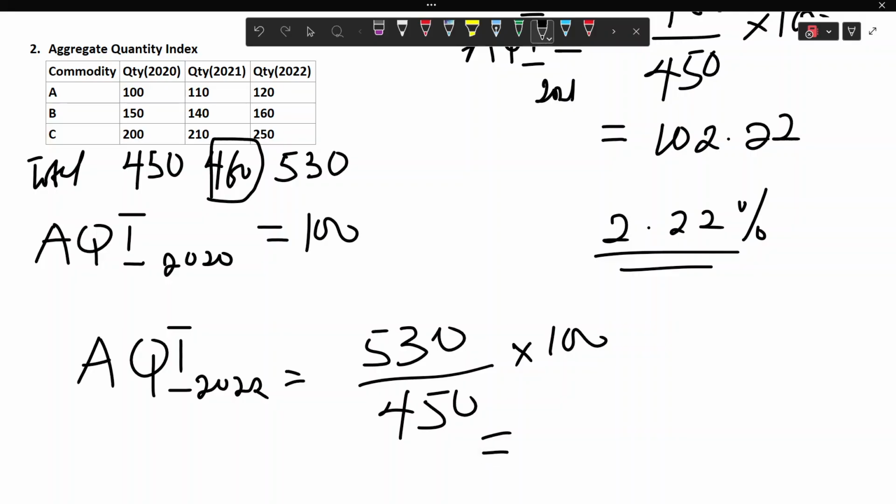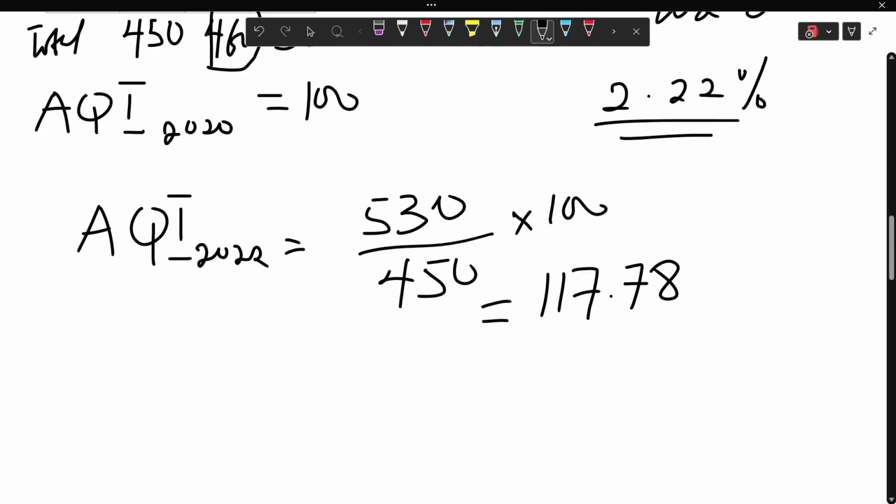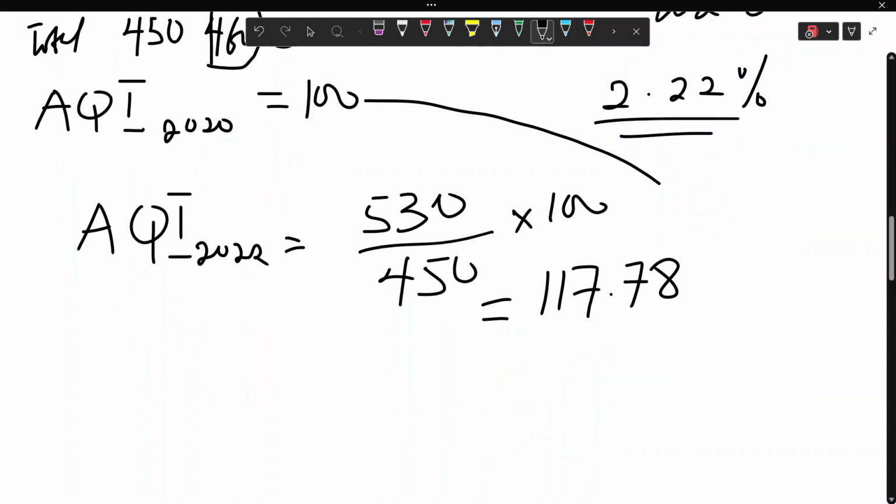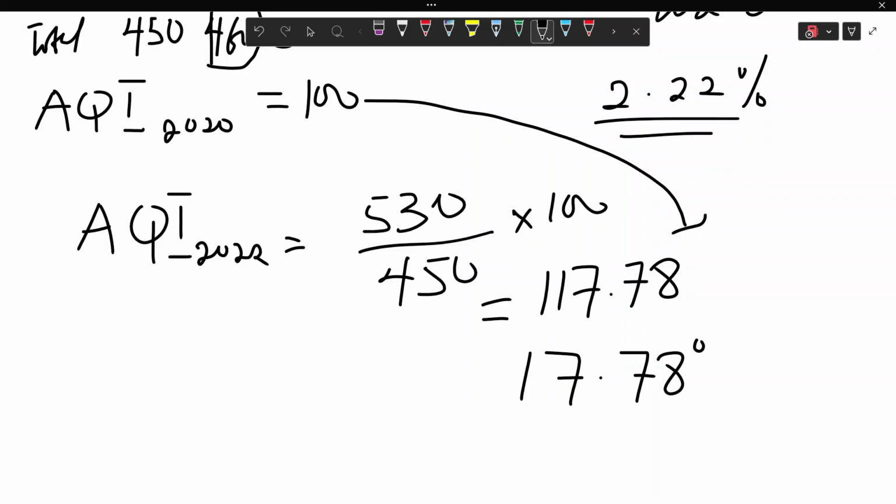We are having an index of 117.78. Also, with reference to the base year, you can see that our volume or our production or consumption value went up by 17.78%.